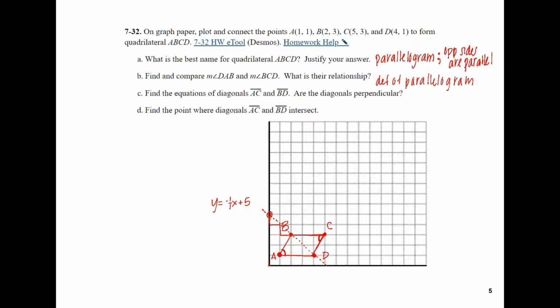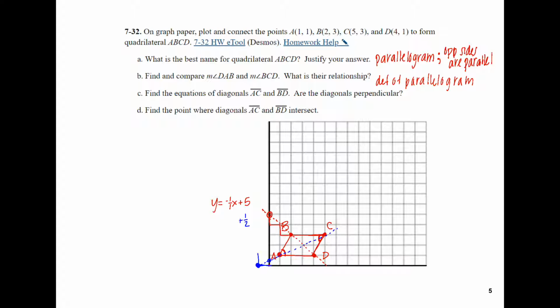When we take a look at connecting A to C, we would actually need to take our graph 1 unit out to get it in a nice space. We can see that it crosses our y-intercept at positive 1/2.